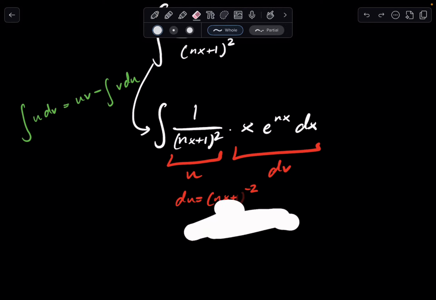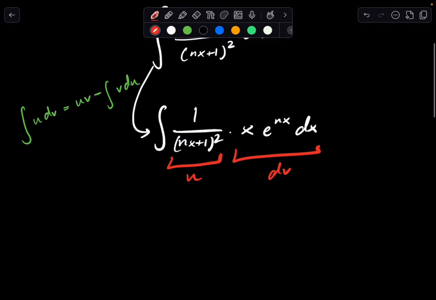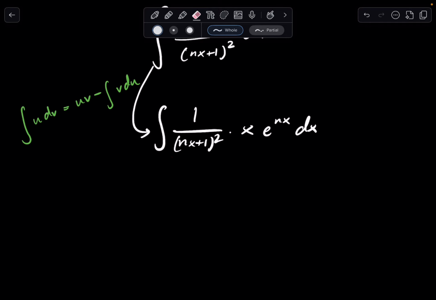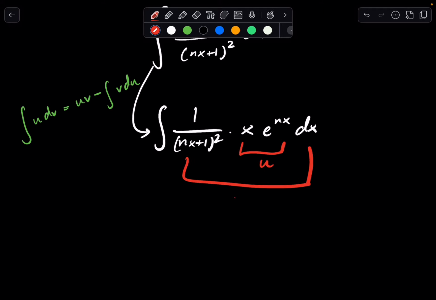Let's see. So what other options does that leave us? We've tried nearly everything, but is there something we're missing? Yes. If we look closely, our grouping is correct. It's just the assignment of u and dv. So what if we said that this is going to be our u and this is going to be our dv? What happens then?